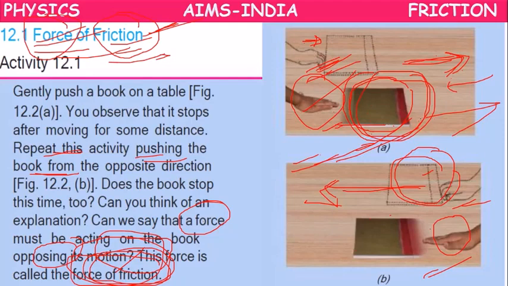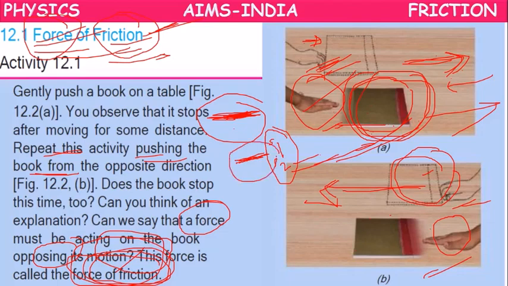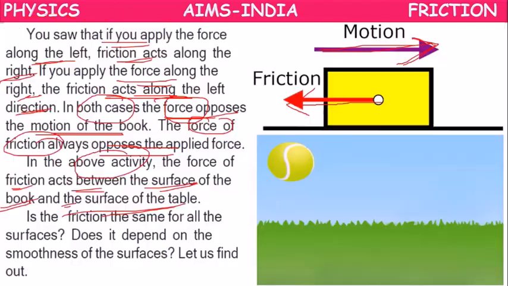The bottom portion of the book, let it be surface 1, S1, and the upper portion of the table, let it be S2, are in contact with each other. Between the surfaces in contact, this force of friction will work.